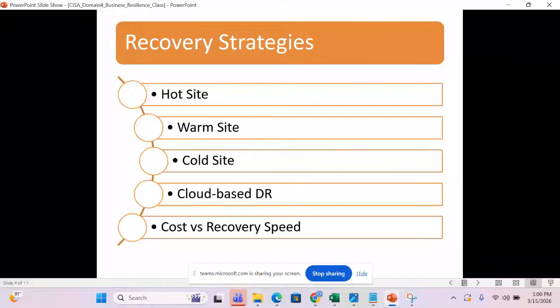Okay. So before we come here, so we have disaster recovery. So we have different disaster recovery methods. Okay. So we have something called the cloud-based disaster recovery, which you can also call the cloud backup.